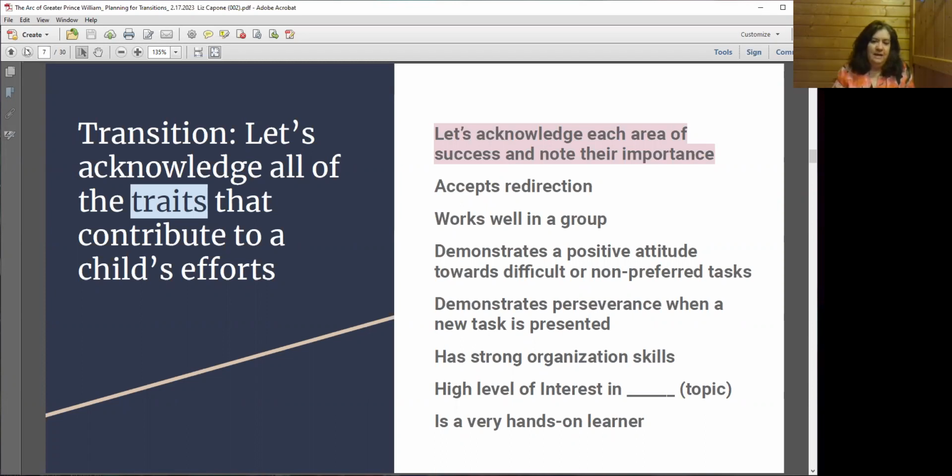You can't fake that. And so if they have a high level of interest in something, let's give them credit. And then if they're a hands-on learner, that's very important too, because that means that's a certain approach that a supervisor or a teacher should take when they're working with some of our young friends and scholars. Next slide, please.